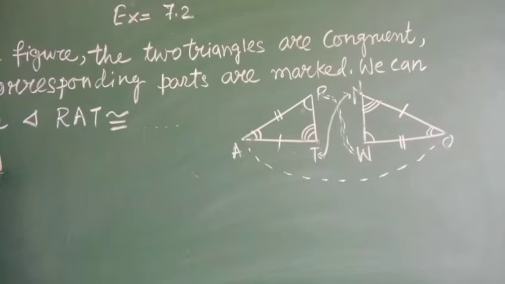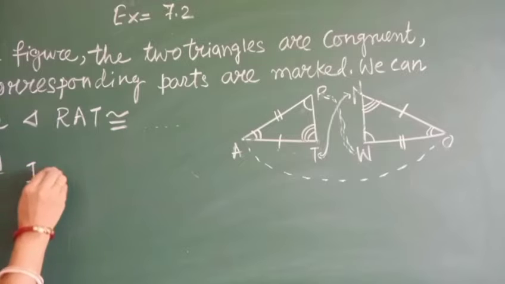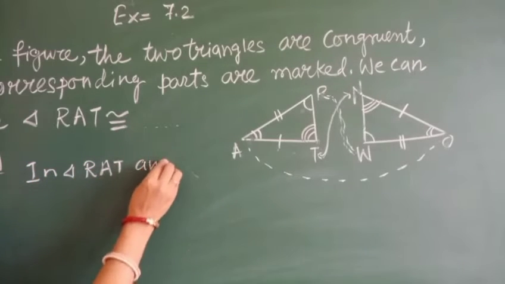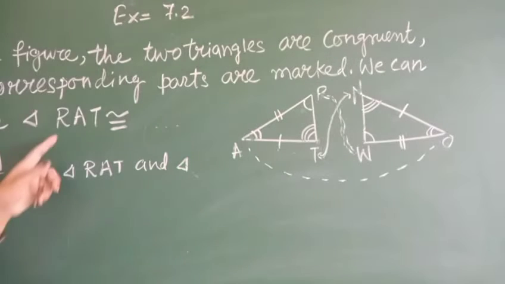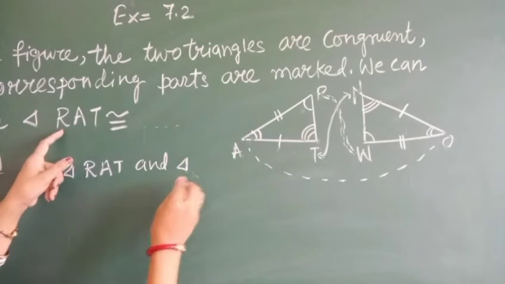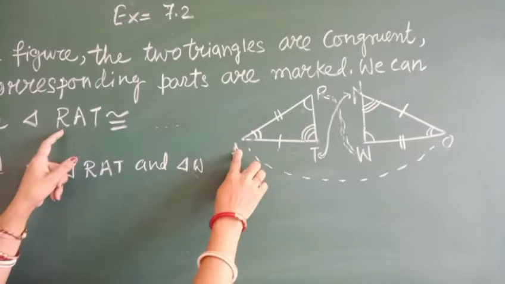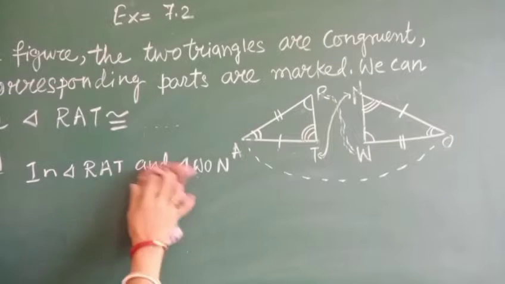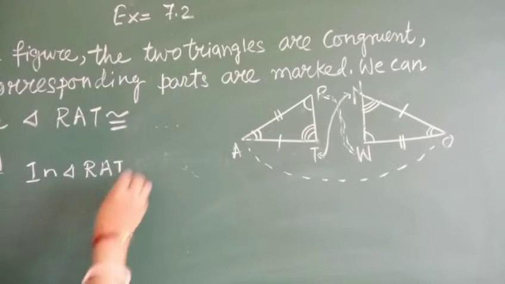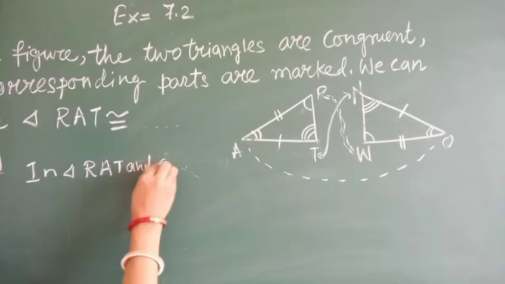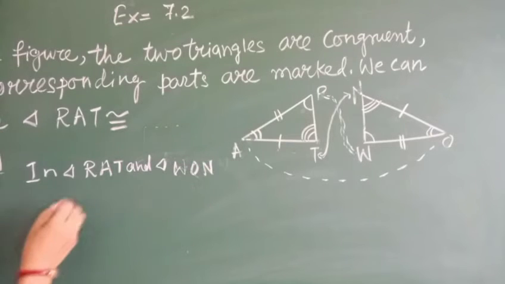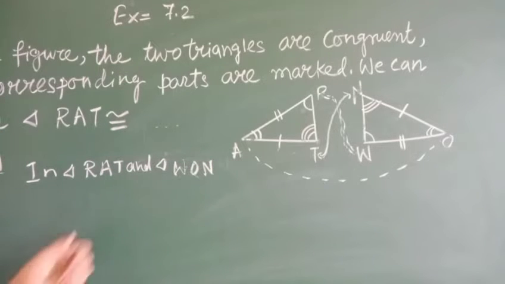Solution: in triangle RAT and triangle WON, in place of R we are taking W, in place of A we are taking O, N. In triangle RAT and triangle WON, we can see which criteria you will choose.